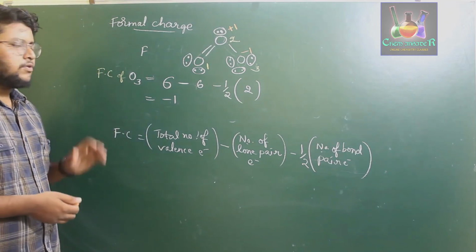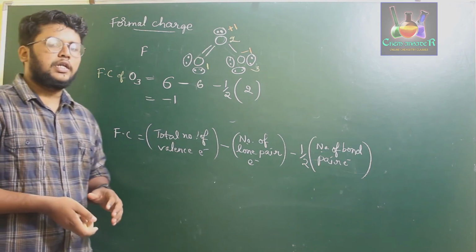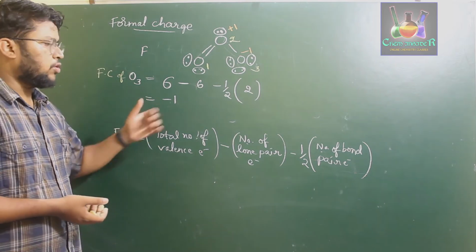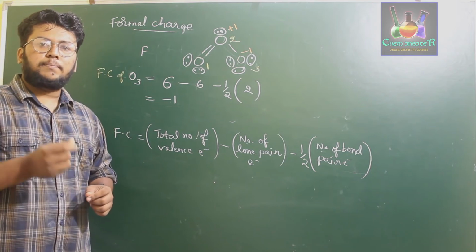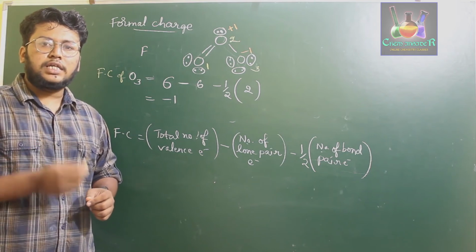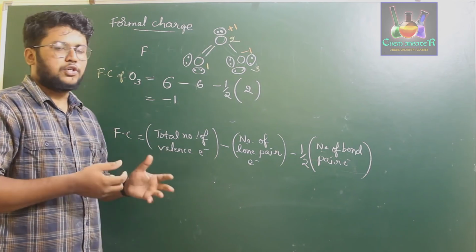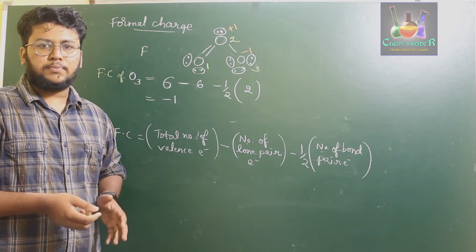So what is the use of the formal charge expression? It clearly does not explain the shape of an orbital or the shape of a molecule, but it helps us to understand the possible structure with the least possible energy. Whenever you draw a structure for a given molecule, it has to have the least energy possible.